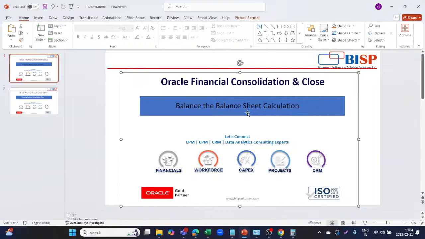That means your total assets equal your total liabilities and equity, which is an accounting equation, right? So your assets should be equal to your liabilities and equity. If it is not balanced, then the Balance the Balance Sheet calculation comes into the picture.